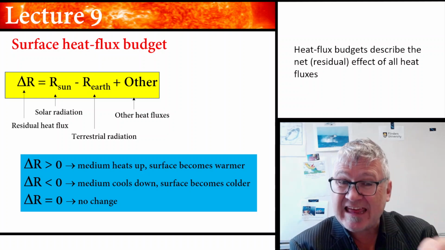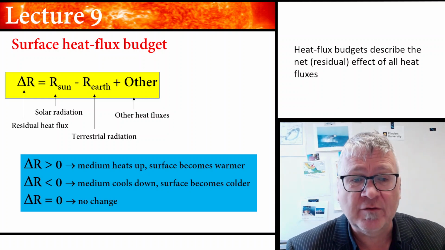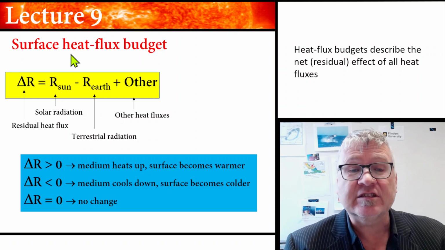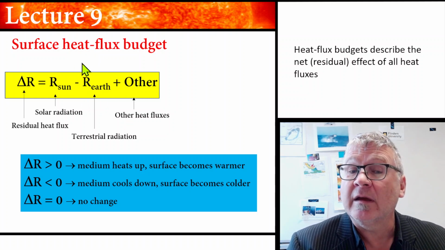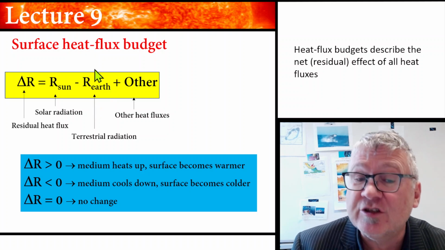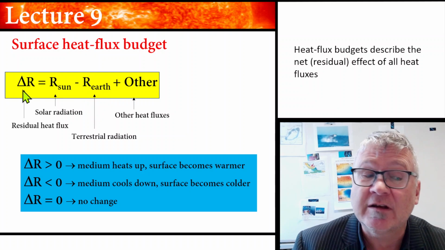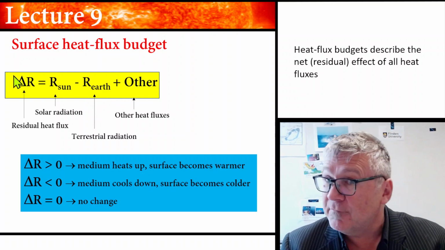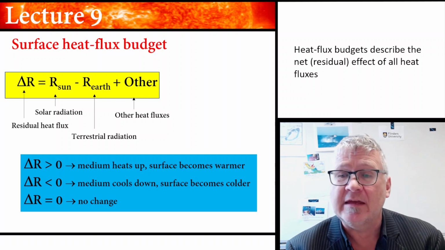But the key here is that the temperature change of the surface changes the terrestrial radiation. Okay? And if the terrestrial radiation changes, the residual heat flux changes. There is a feedback. Okay? There is an adjustment taking place.